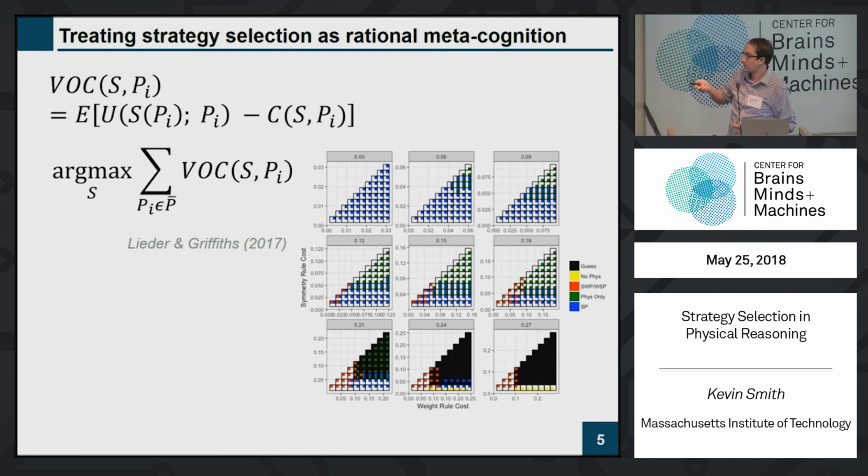When the costs are very low, well, it's almost like it's costless. You just always want to use the best strategy. But in this middle realm, what we find is a lot of circumstances where it seems like the two strategies that people are using are the best ones to use. So assuming people are in this middle cost regime, it seems like people are getting a pretty good return on their cognitive investment.